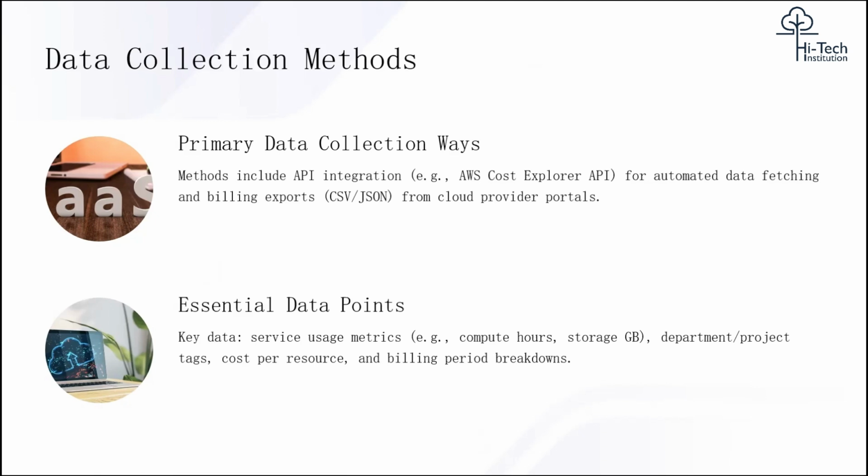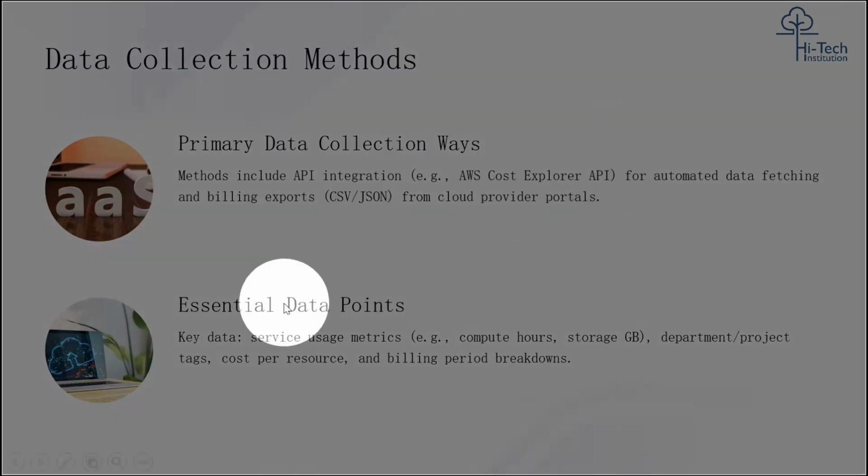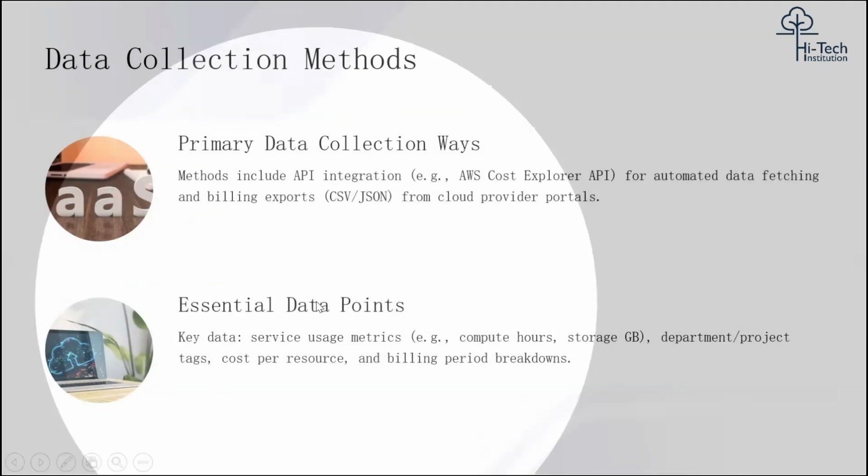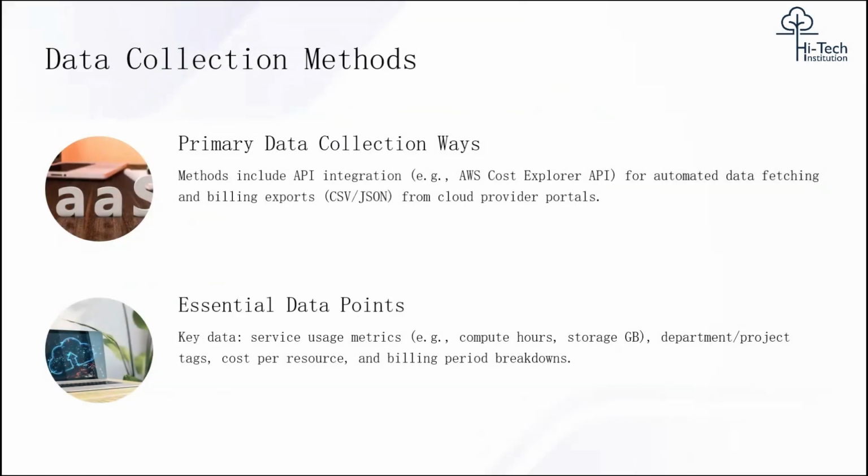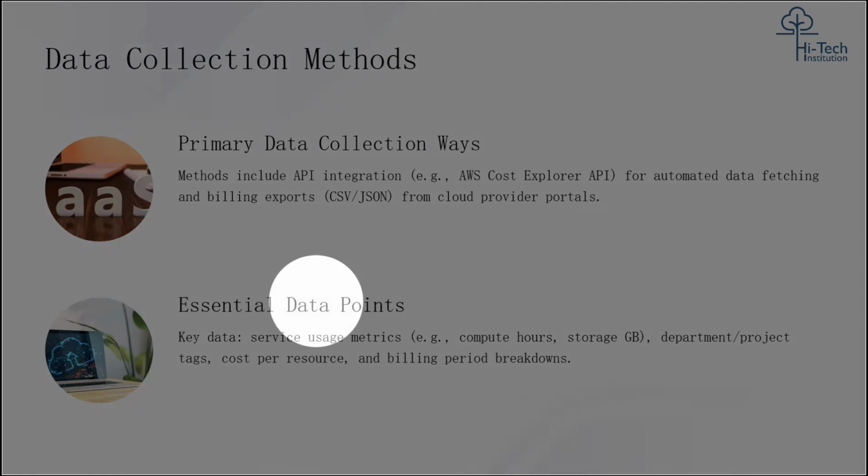Coming to the important data points, companies track compute hours, like VM usage. For storage, they check the GB level, and then the cost per service or resource, and then department or project tags.